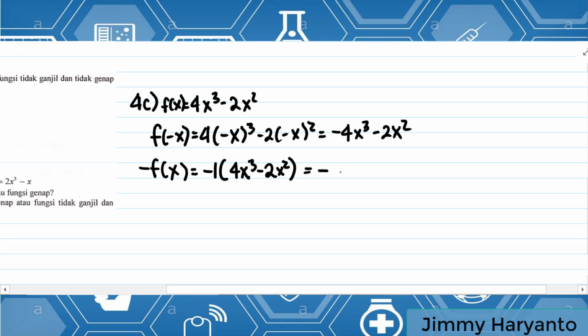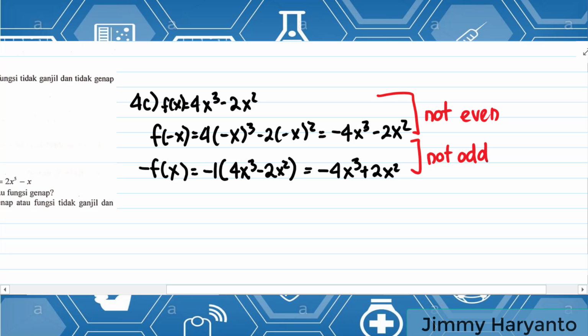That means negative 4x cubed plus 2x squared. This one and this one are not the same. That means not even. This one and this one are also not the same. That means it's not odd.